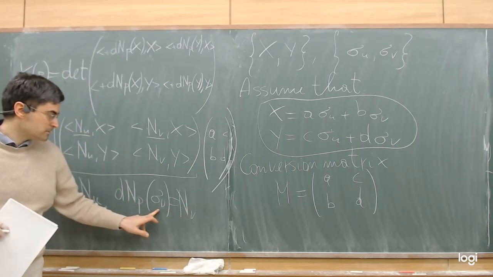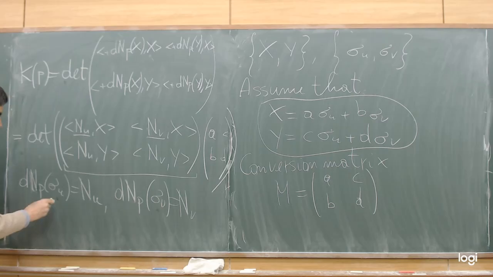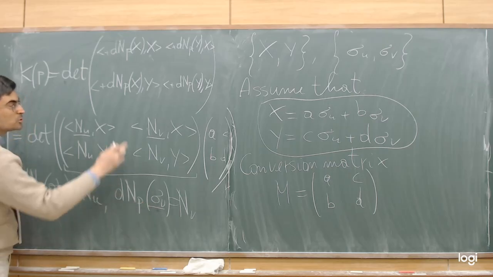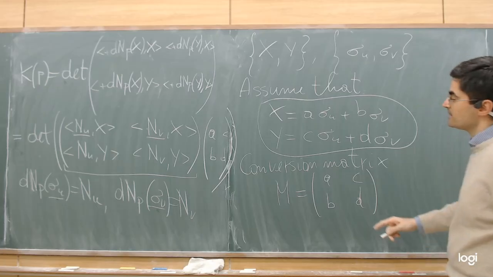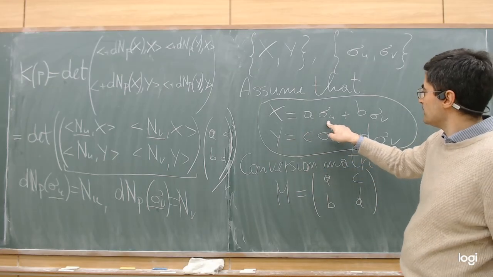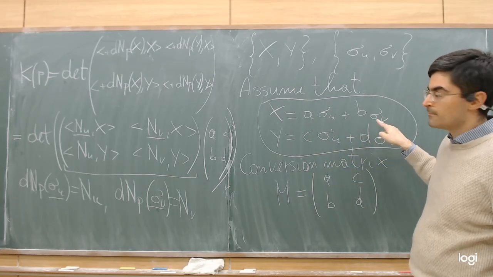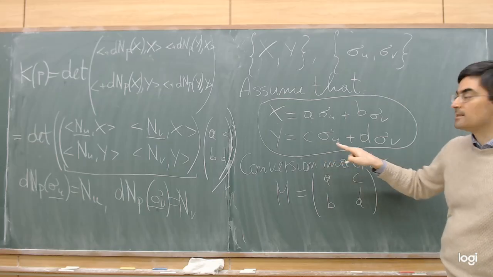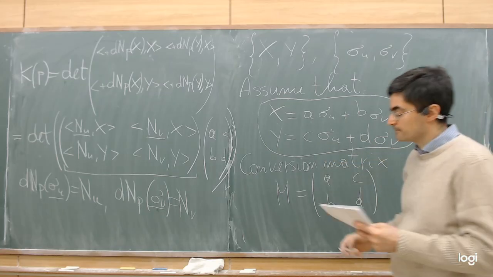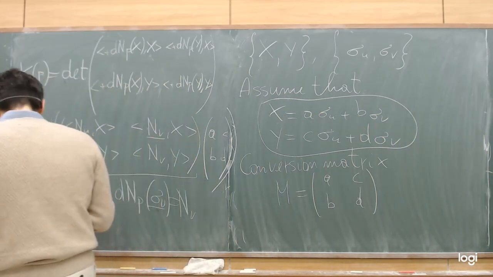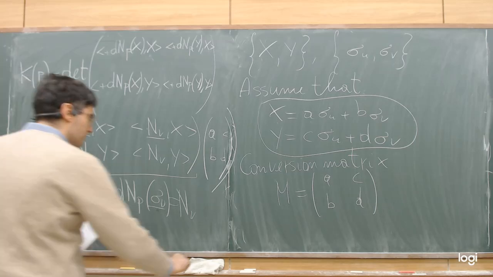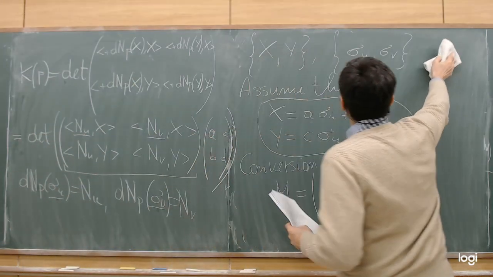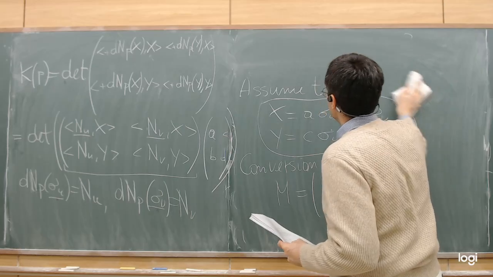These two vectors, sigma_u and sigma_v, will show up in this formula after replacing x by a sigma_u plus b sigma_v, and y by c sigma_u plus d sigma_v. Unfortunately, I have to erase.